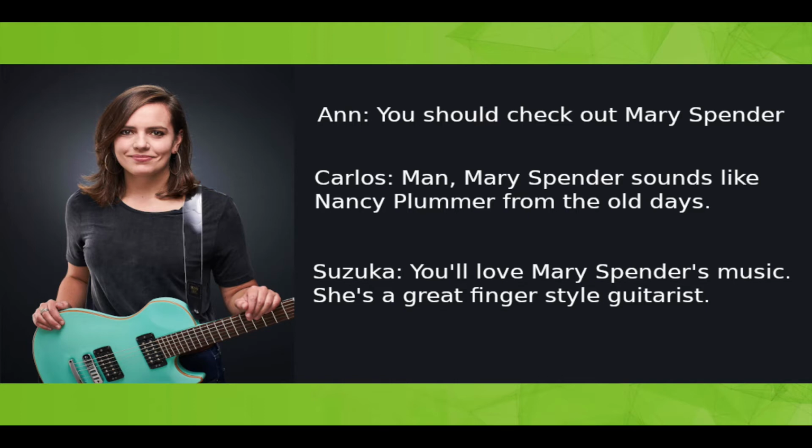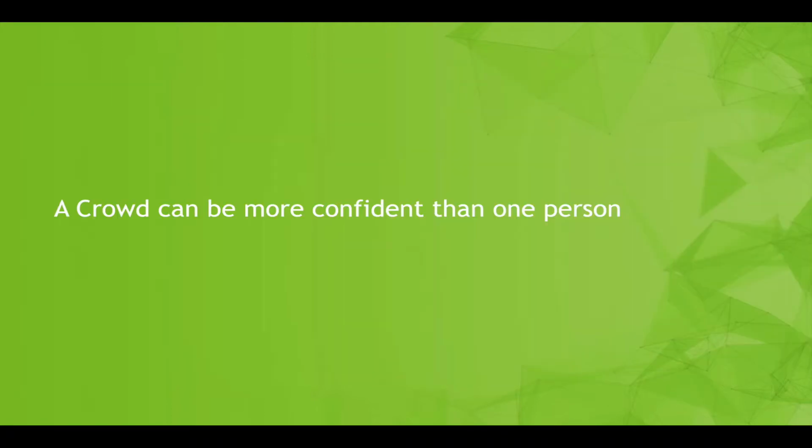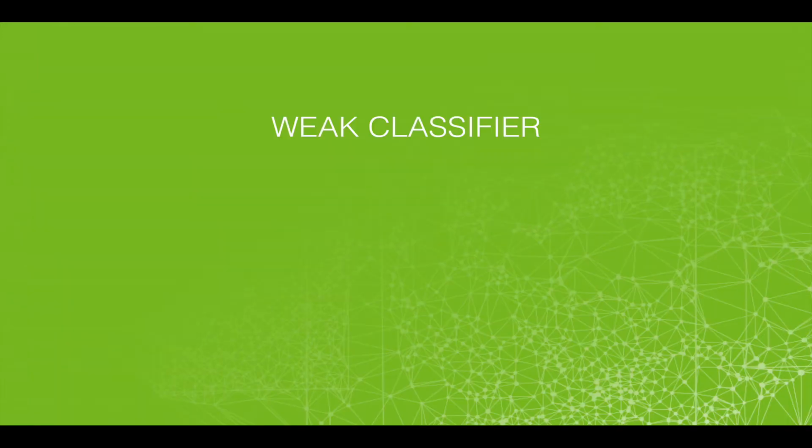That's the intuition we're using here, that a crowd can be more confident about something than one person. So as we group people together to make a decision, Supreme Court or whatever it is, we're more confident about that body than if only one person uttered it.